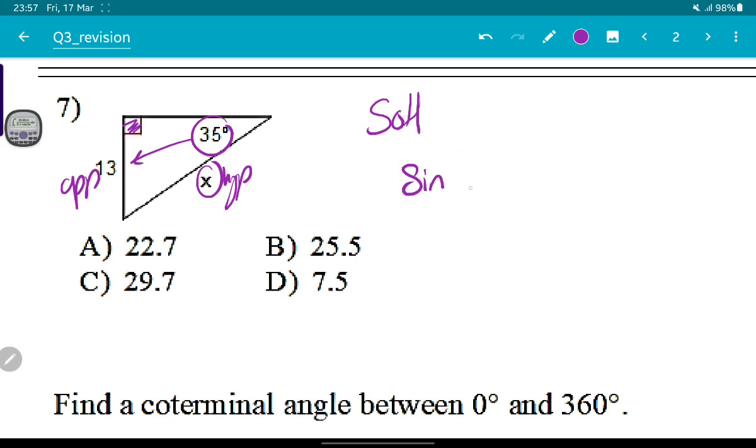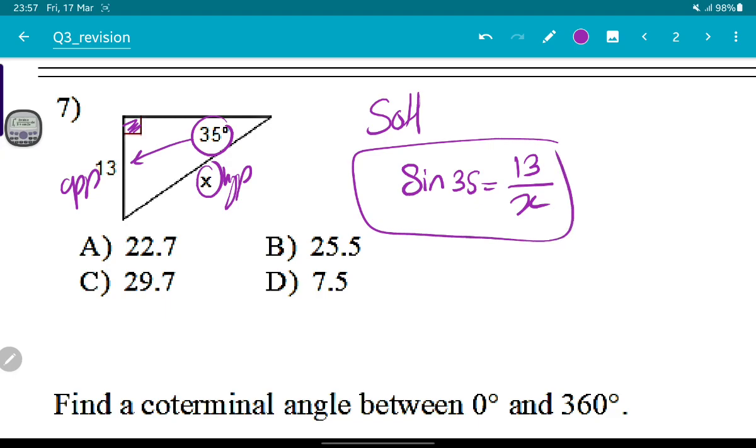The first step, you should write it on your paper: sine 35 equals 13 over x. This will help you to use the calculator in the right way, because when you do cross multiplication, the x will be switched with the sine 35, and it will be division by sine 35.